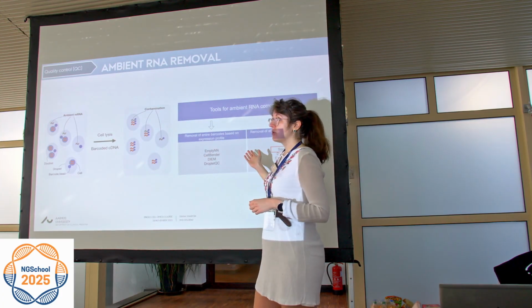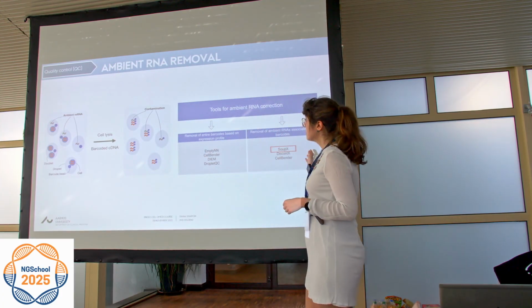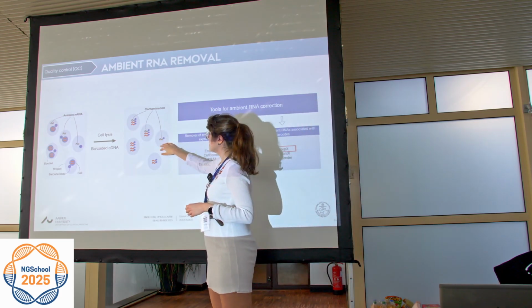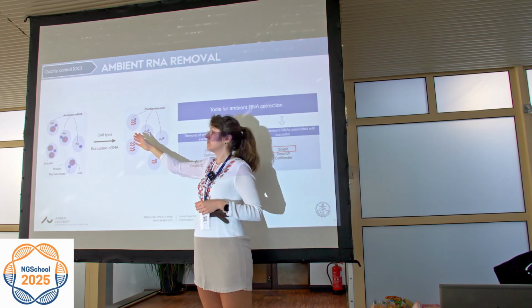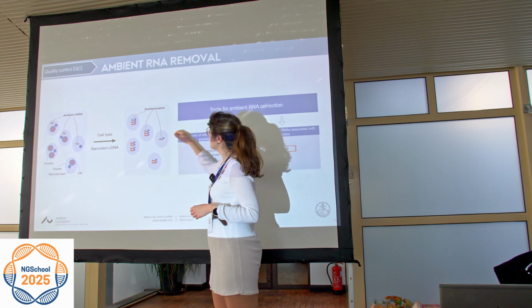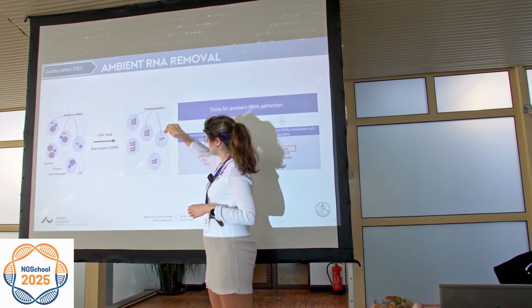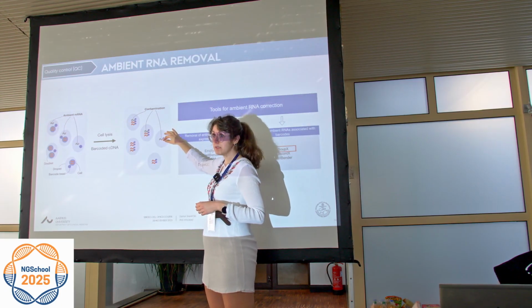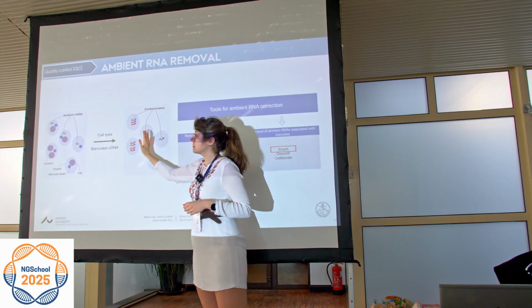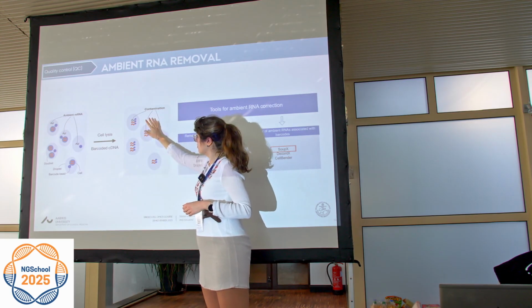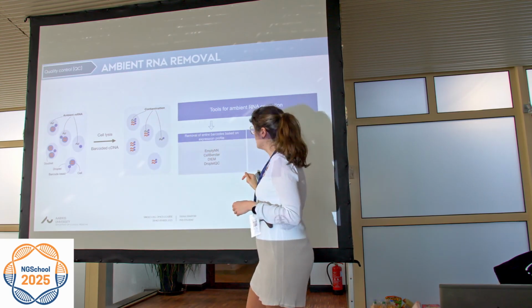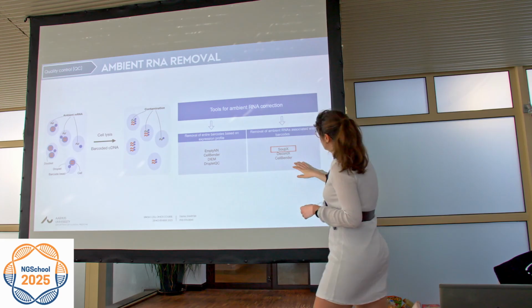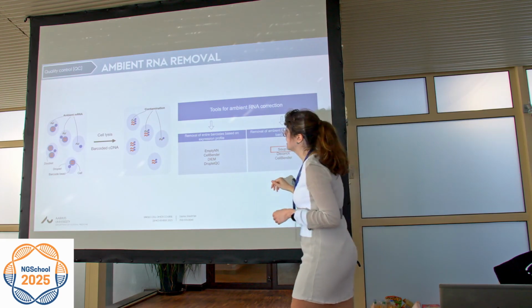There are two ways you can deal with it, working with the raw data from your sequencing machine. One approach is that you try to learn the background of empty droplets, and then subtract all this background from all the rest of the beads. That's how SoupX, for example, works.